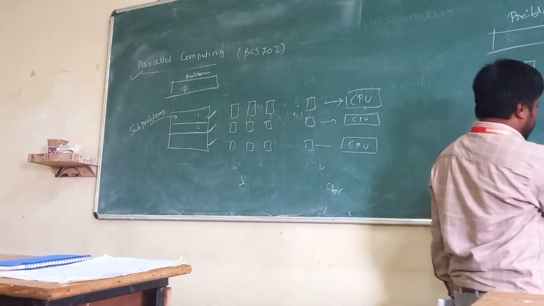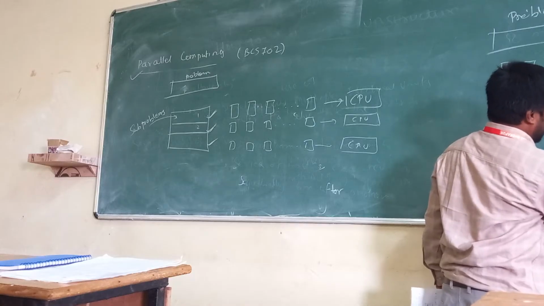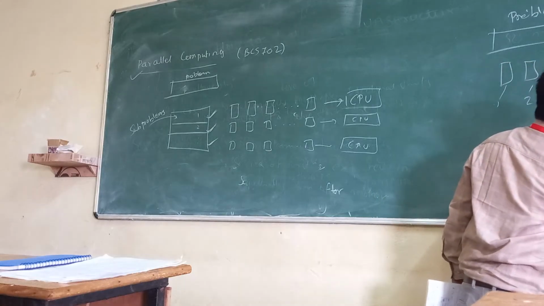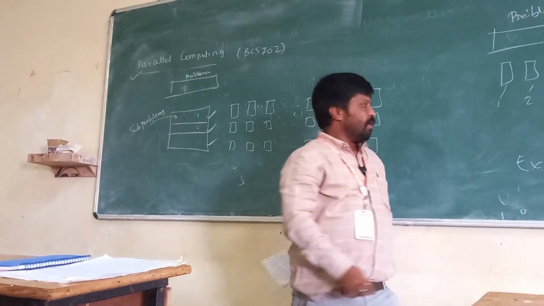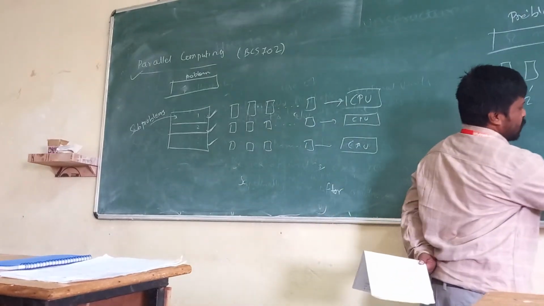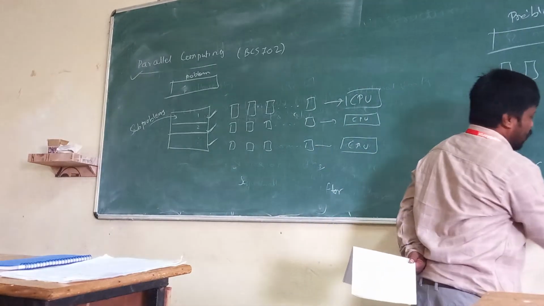For example, in serial computing, I have taken the example a plus b multiplied by c plus d. This is the problem I have. I take this as an addition, and this is also an addition.